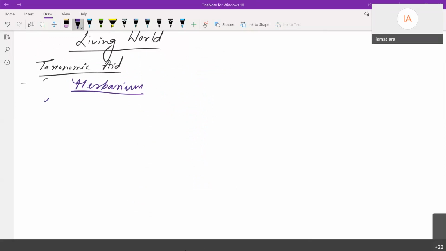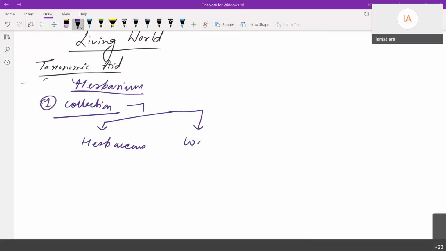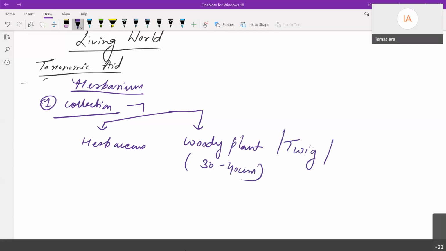First part, collection. You can collect two types of plants. One is herbs, herbaceous, and second is woody plant. Woody plant you can take up to 30 to 40 centimeters in length. Or you can take a twig of a plant, or you can take a shrub also.